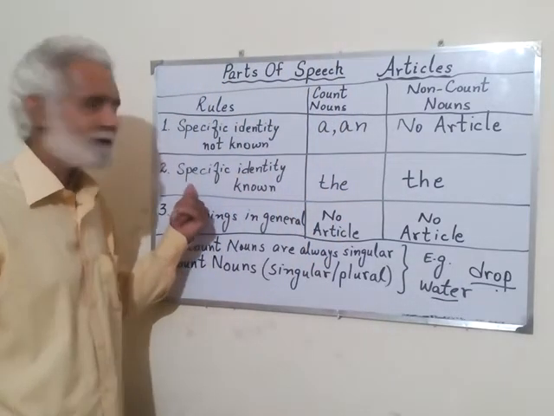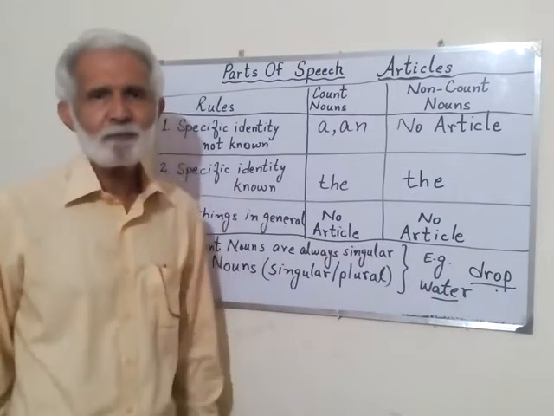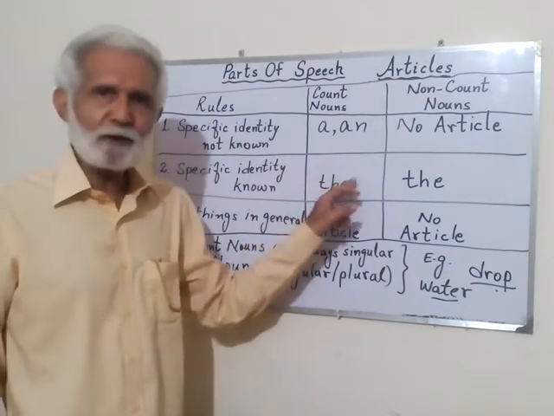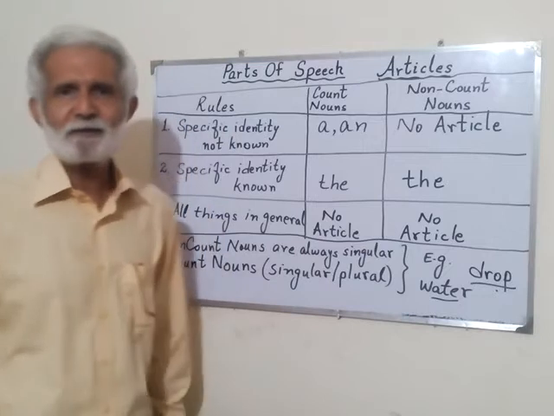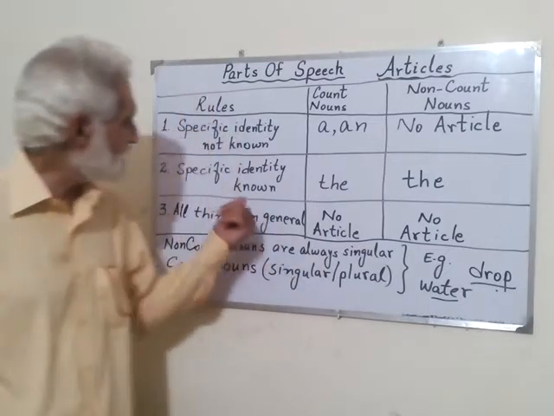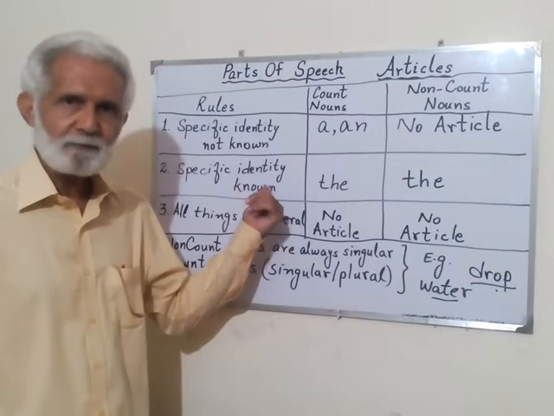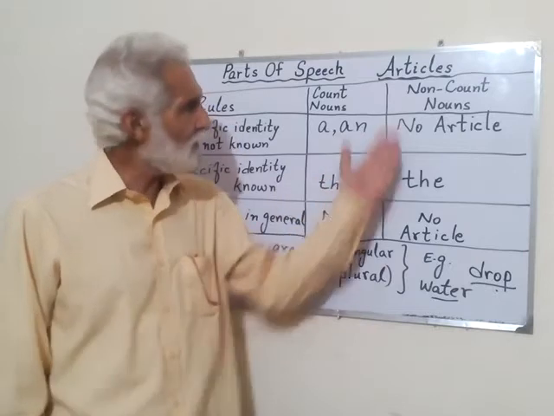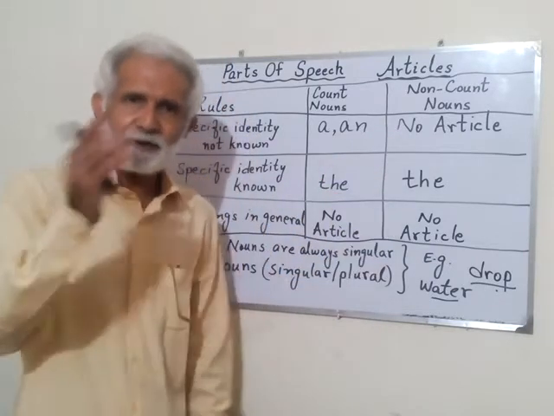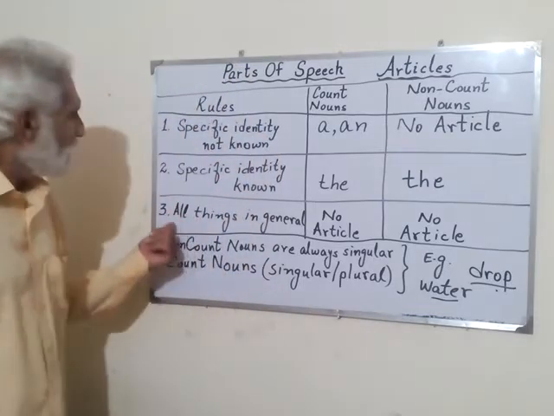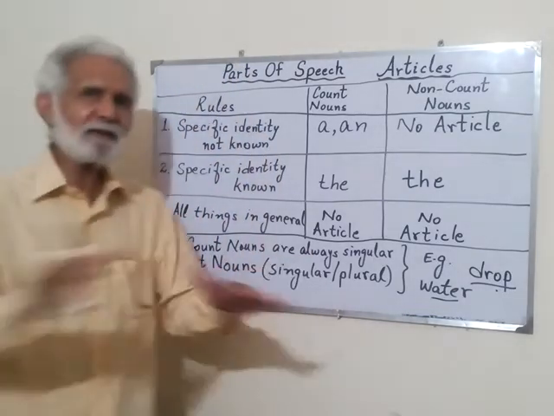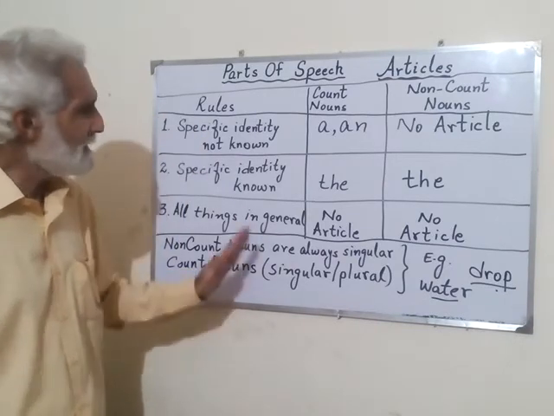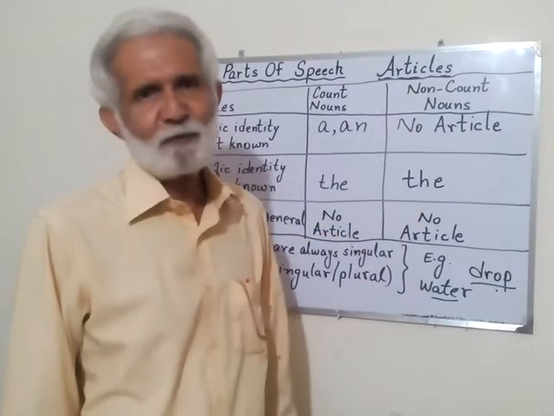Rule number 2 says, if specific identity is known, if it is a proper noun, then either it is countable or non-countable, in both conditions we will use the in front of the noun. Rule number 3: all things in general, leaving aside specific identity known or not known, then we don't use any article before that.